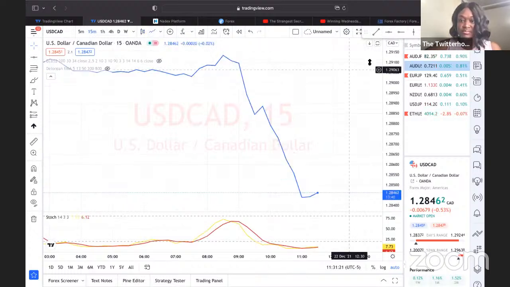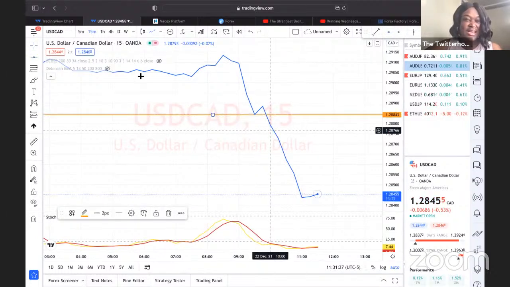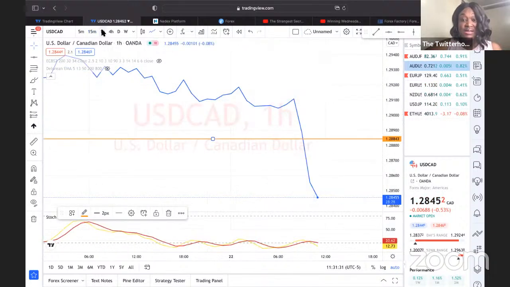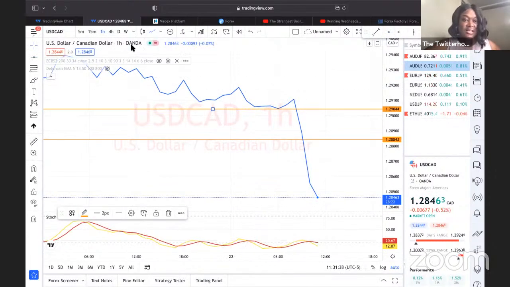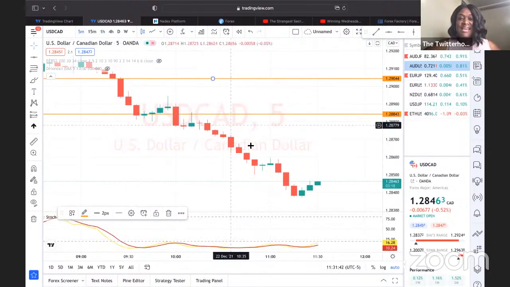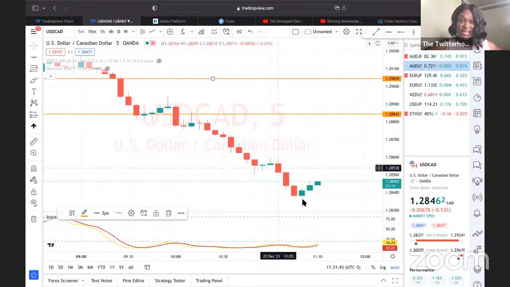So here's one floor right here. This is really far away. Wow. It's really far away. It had some major move to the downside here.